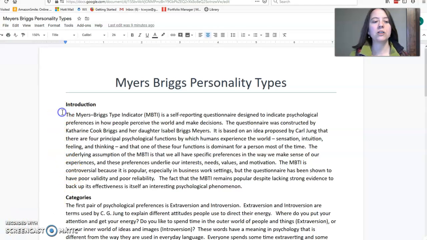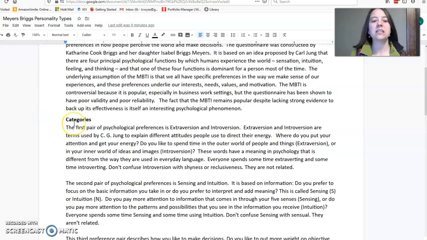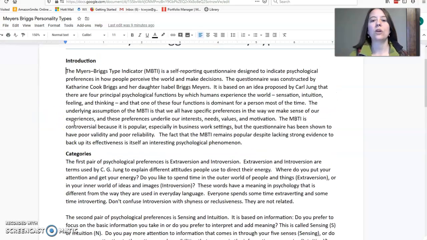So introduction, the Myers-Briggs Type Indicator, MBTI, is a self-reporting questionnaire designed to indicate psychological preferences in how people perceive the world and make decisions. The questionnaire was constructed by Katharine Cook Briggs and her daughter Isabel Briggs Myers, and it is based on the idea proposed by Carl Jung that there are four principal psychological functions by which humans experience the world: sensation, intuition, feeling, and thinking, and that one of these four functions is dominant for a person most of the time.